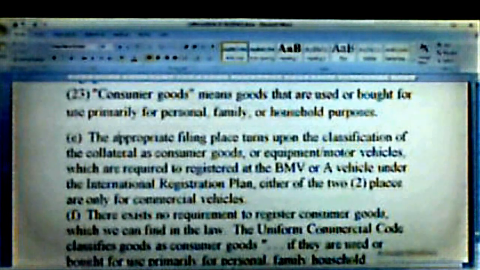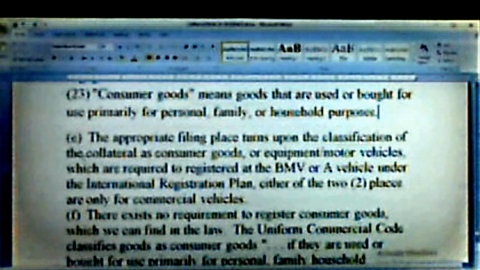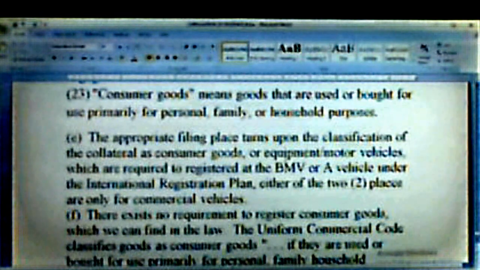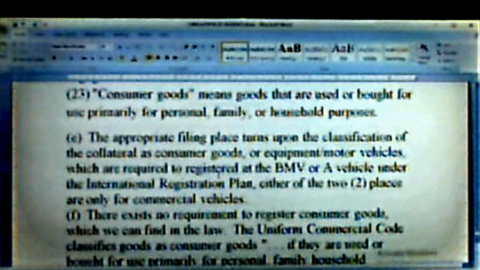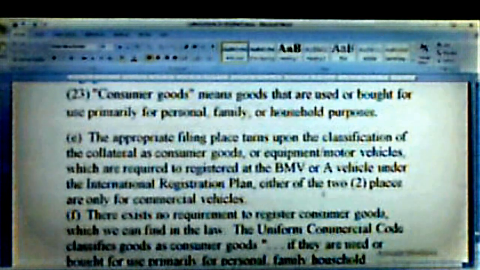The appropriate filing place for a motor vehicle turns upon the classification of the collateral as consumer goods or equipment/a motor vehicle, which equipment, motor vehicles, are required to be registered at the BMV or under the International Registration Plan, either of the two, right? But these two places are only required for commercial vehicles, okay? There exists no requirement to register consumer goods, which we can find in the law.